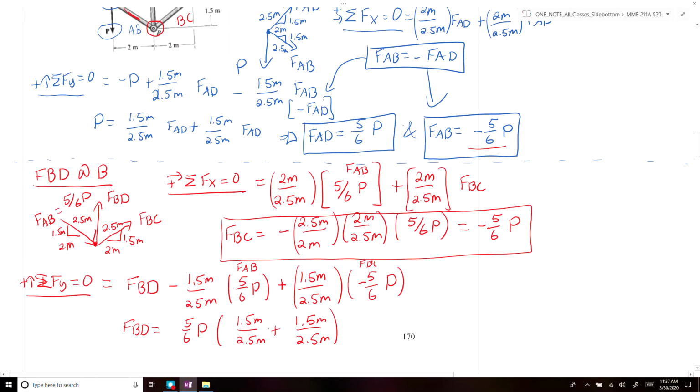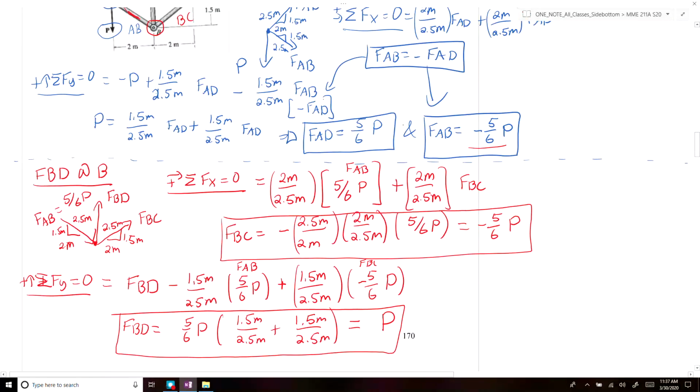Those are both 3/5, so we would end up getting 6/5 times 5/6. So FBD would be equal to P. And since it's positive, FBD would be in tension.